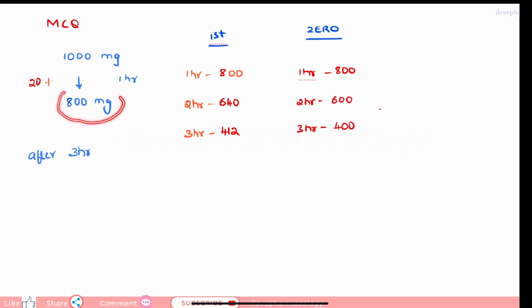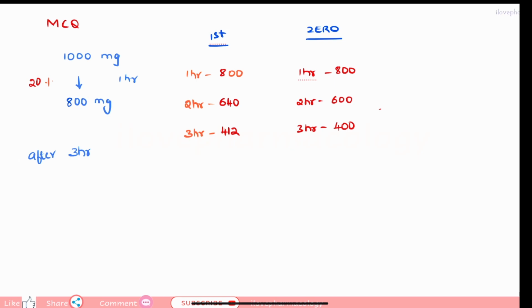The remaining will be 800 milligram after 1 hour. What will be the plasma concentration after 3 hours, if the drug follows first order kinetics?